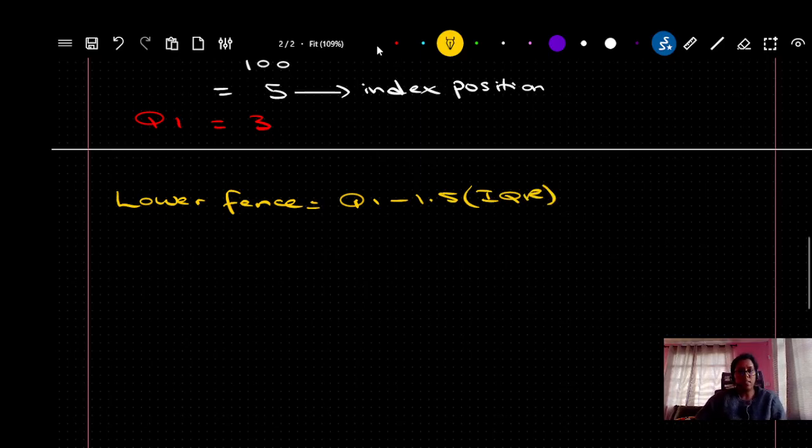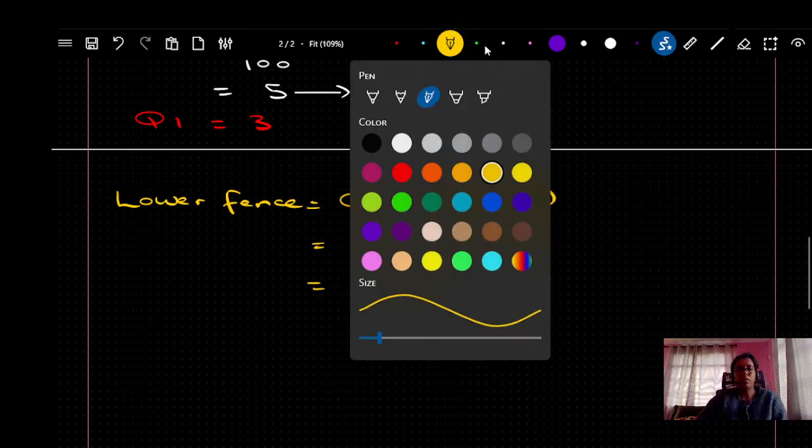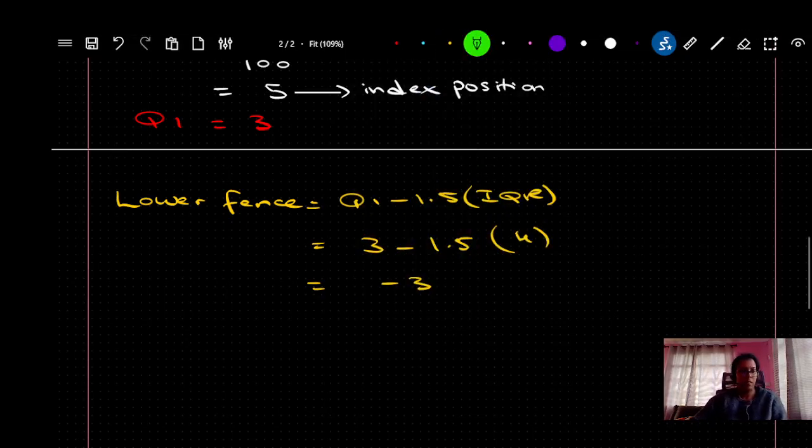So it is 3 minus 1.5 times 4, which gives you the number -3. Okay, you can calculate it and see. Then we have our upper fence.